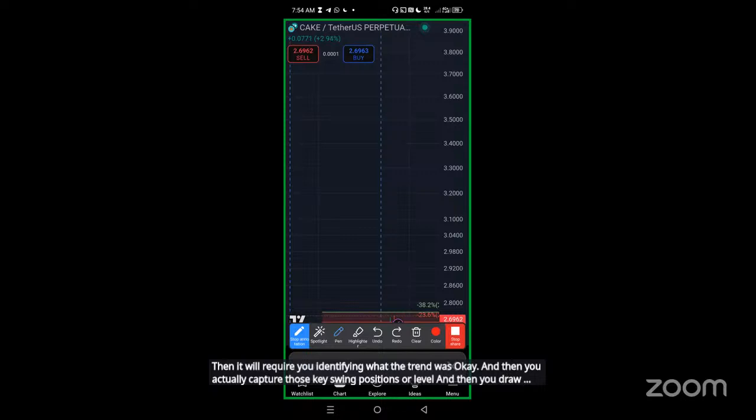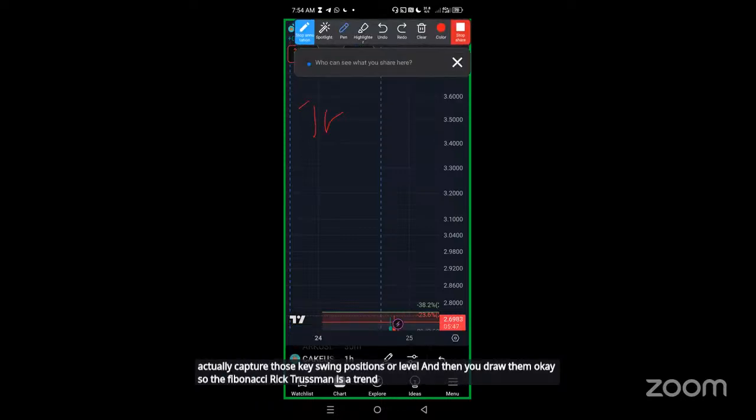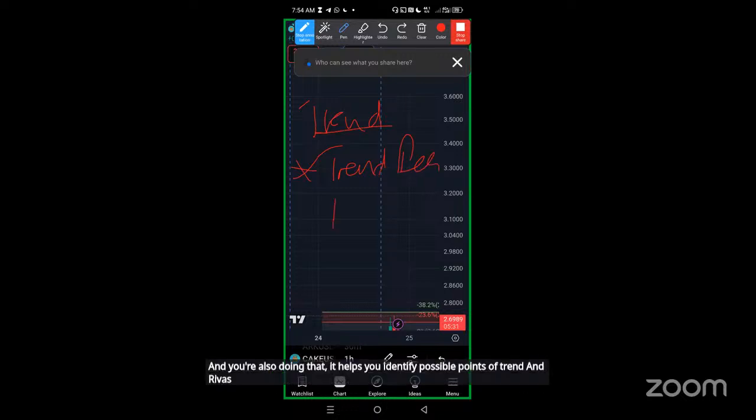So the Fibonacci retracement is a trend indicator, okay? It helps you tell the direction of the market. And while doing that, it helps you identify possible points of trend reversal, and retracement levels.